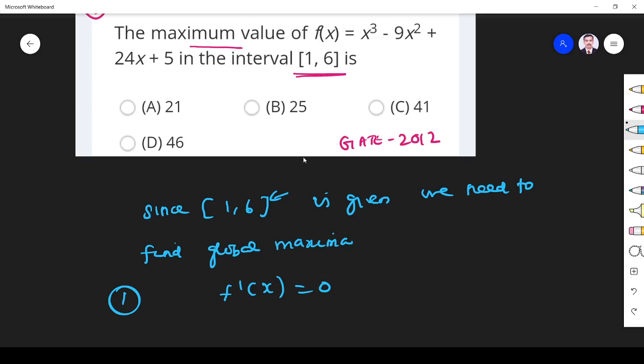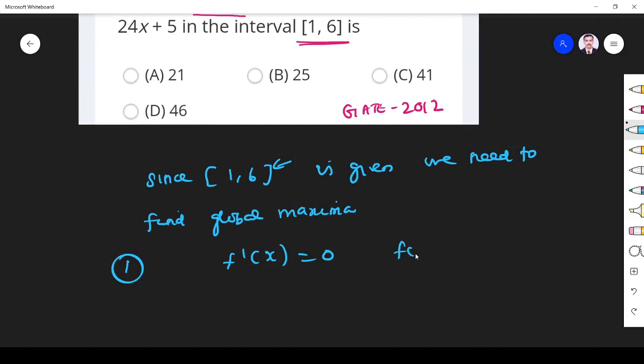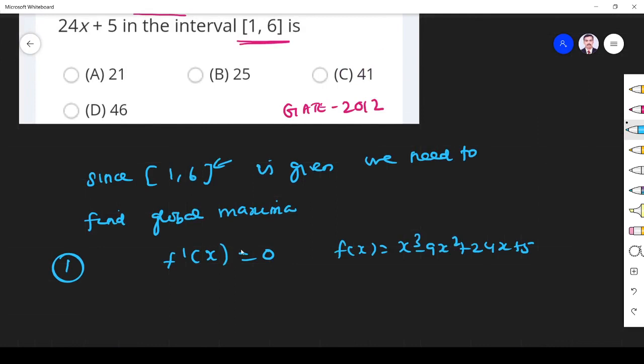F of x is x cube minus 9x squared plus 24x plus 5. First find f dash of x. F dash of x will be 3x squared minus 18x plus 24, and make it equal to 0, because f dash of x will be equal to 0. 3 you remove, so this implies x squared minus 6x plus 8 is equal to 0.